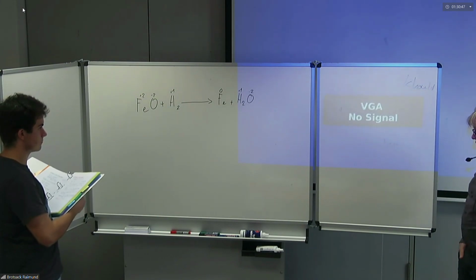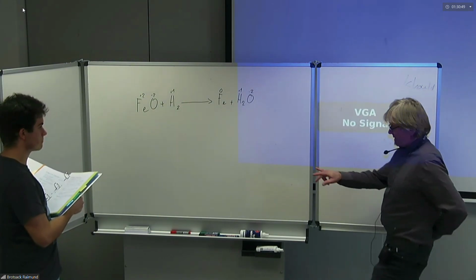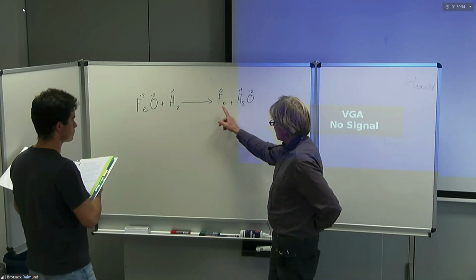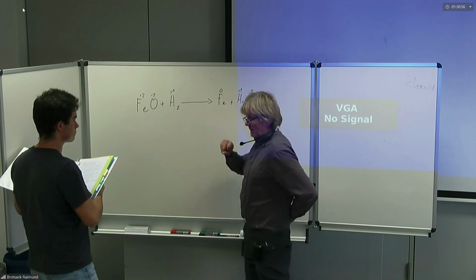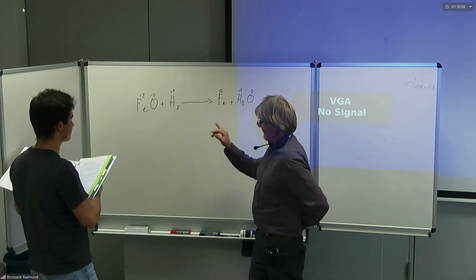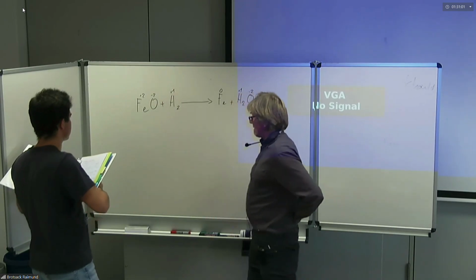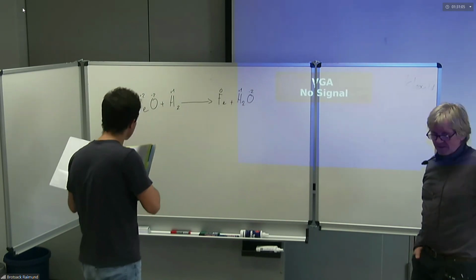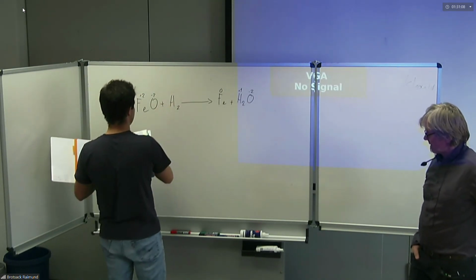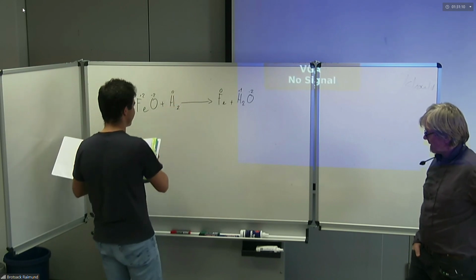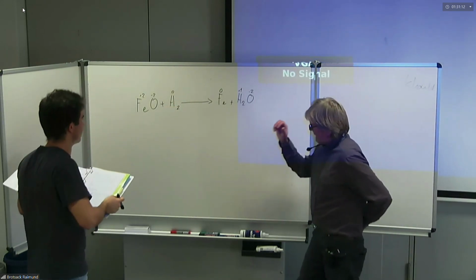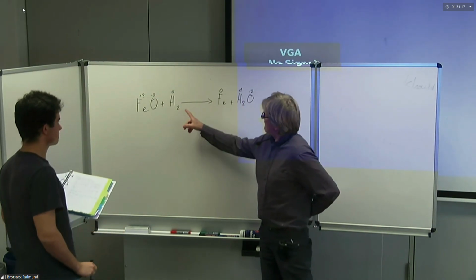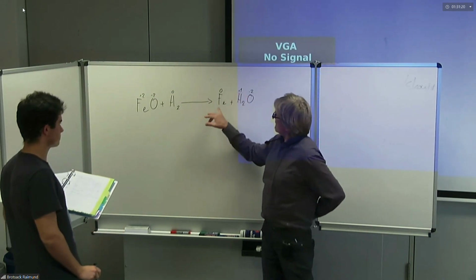FeO and H2. You have a +2 here, and it turns to 0. That means you need 2 electrons. In elementary hydrogen the oxidation state is 0, and it turns to +1, 2 times, so 2 electrons are transferred.